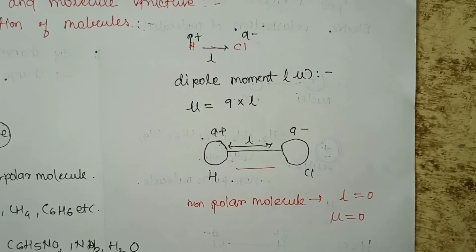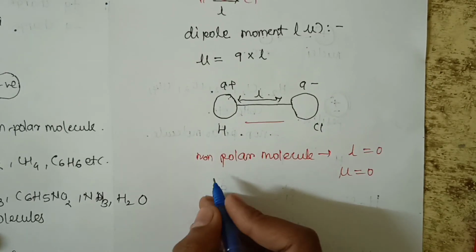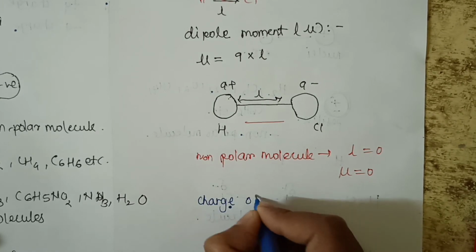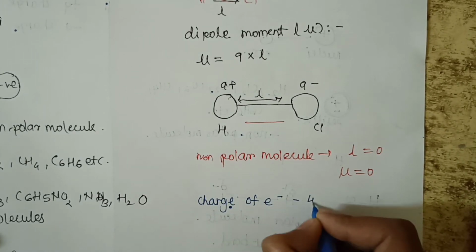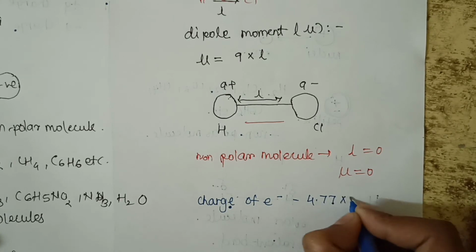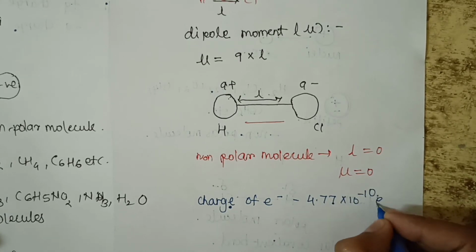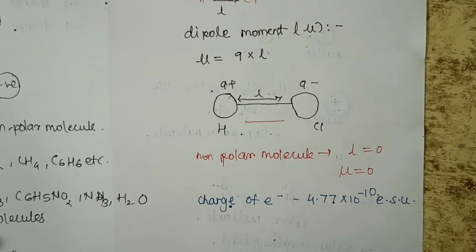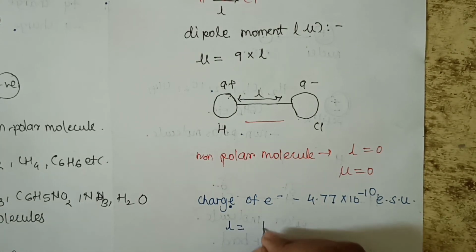We all know that the charge of an electron is 4.77 times 10 to the minus 10 ESU, electrostatic unit, and the distance between the centers is in the order of 10 to the minus 8 centimeter.